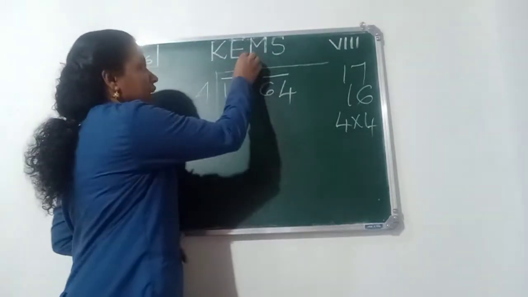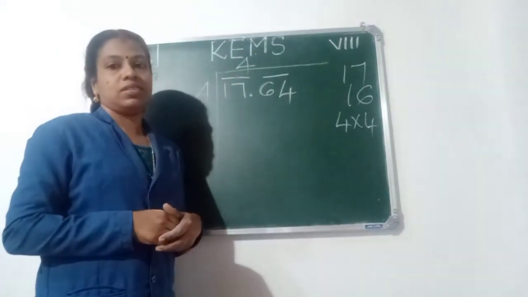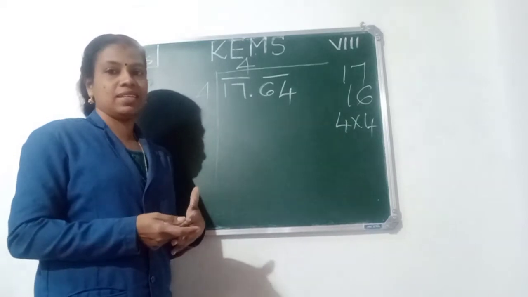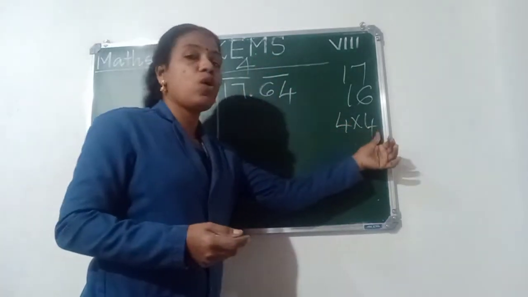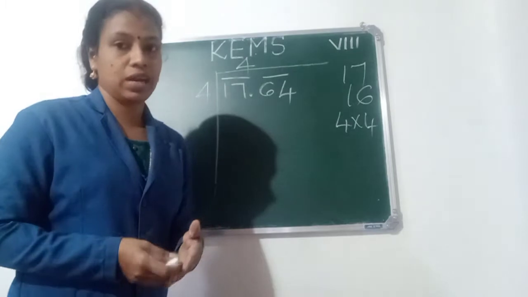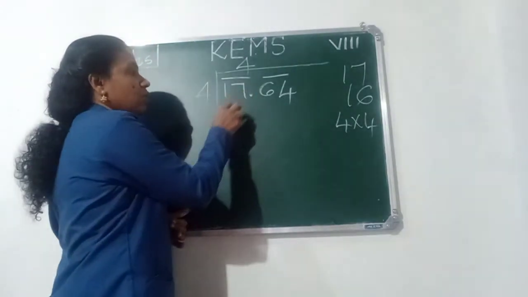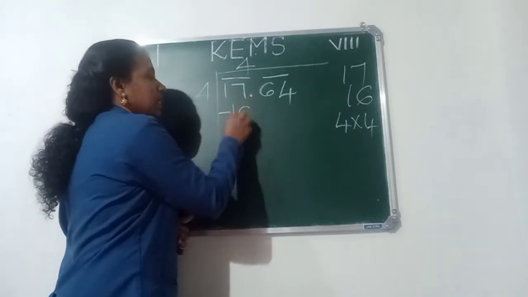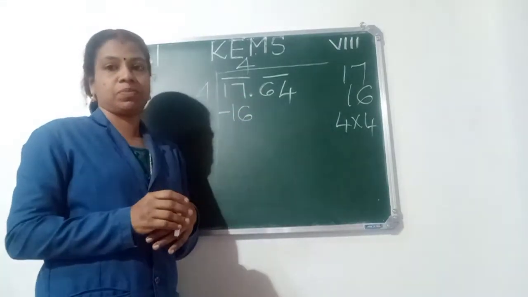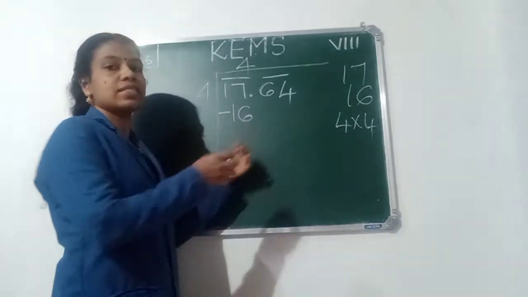So quotient here is 4. Okay, then 4 into 4 equal to 16. That square number should be written under the first dividend. So, write that 16 under this 17. Okay, then subtract.